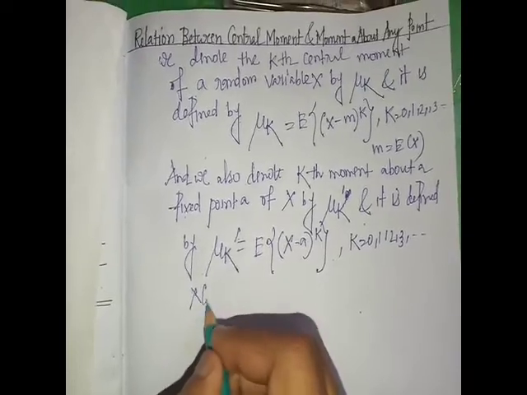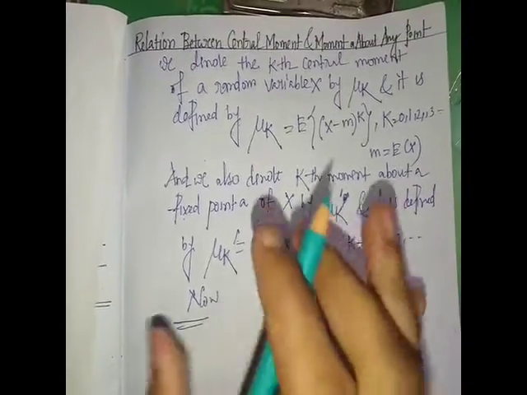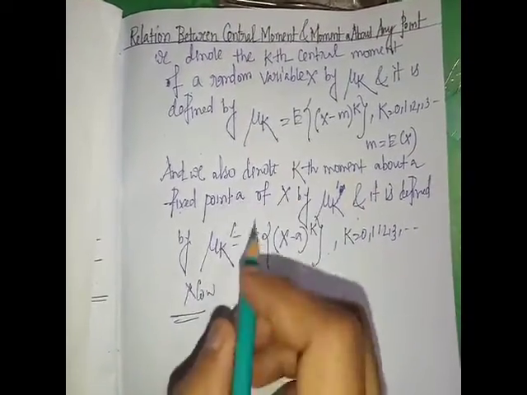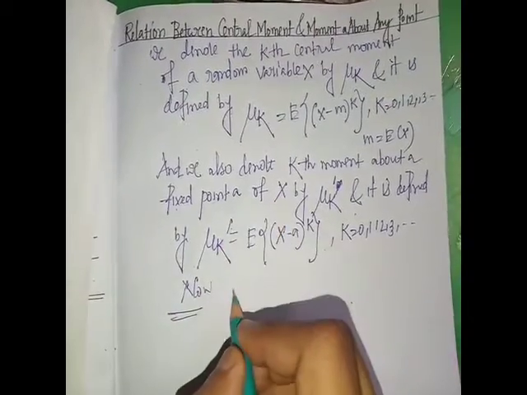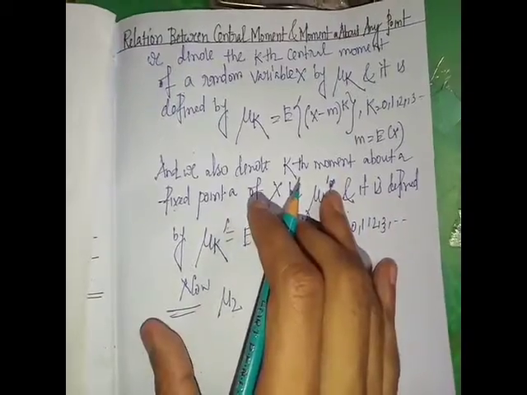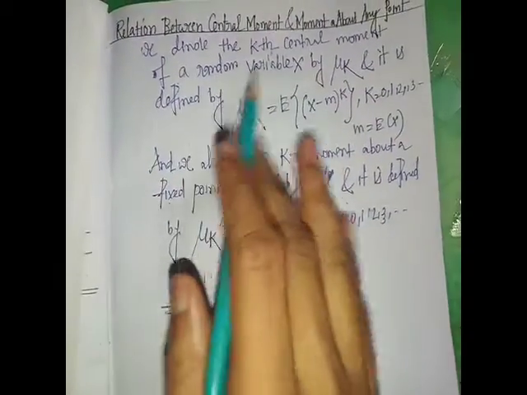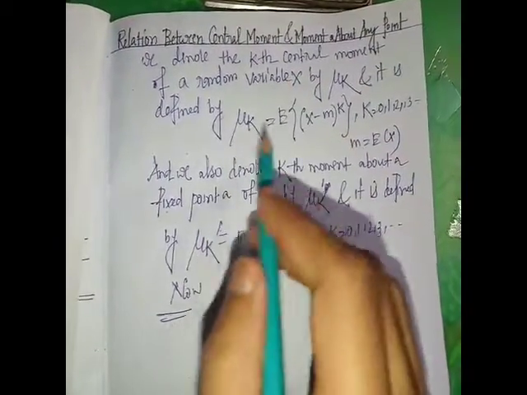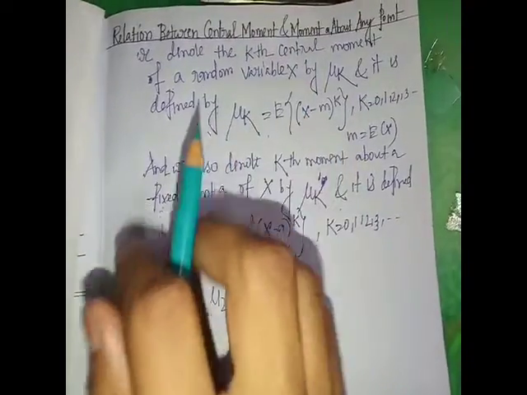Now we find the relation between the central moment and the moment about a point, that is, the relation between mu k and mu k dash.